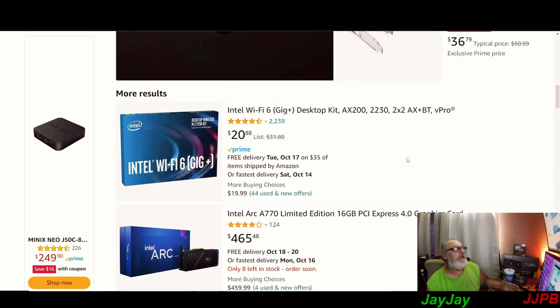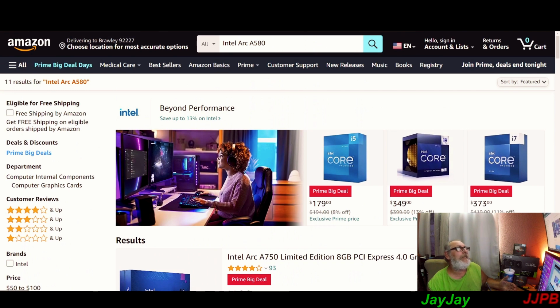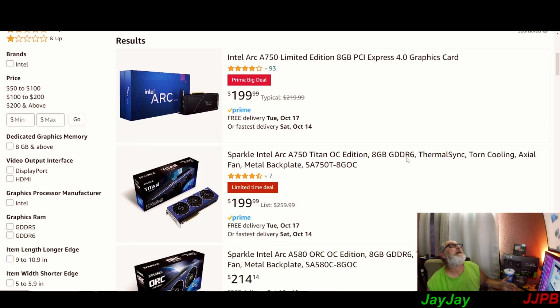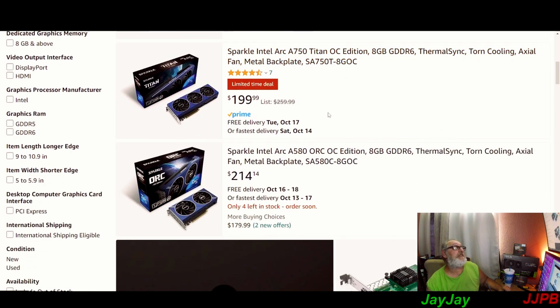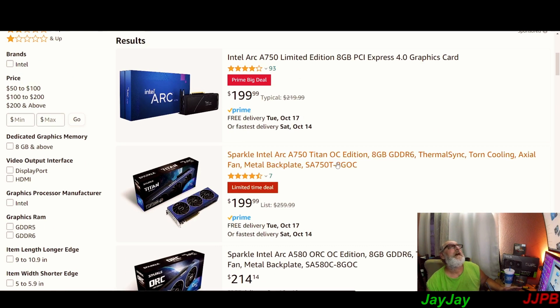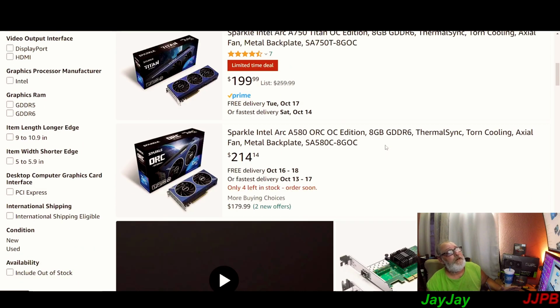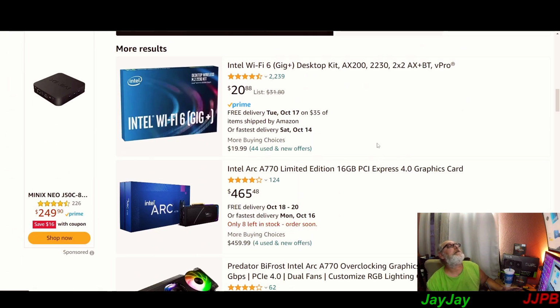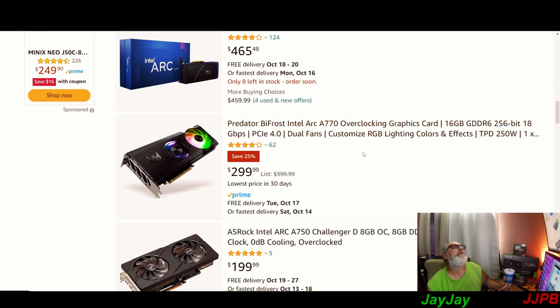Okay, well, you know what? Amazon's got it cooking right now. Okay, we'll go back again. It's the 750. Looks like they've got the 750 on sale for $200. Not a bad deal. It's 8 gigabytes for $200, but let's scroll down here.